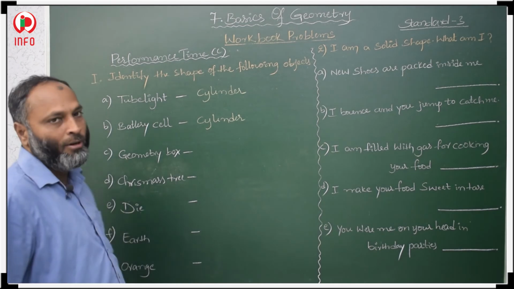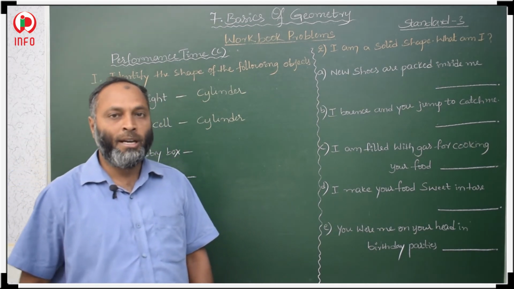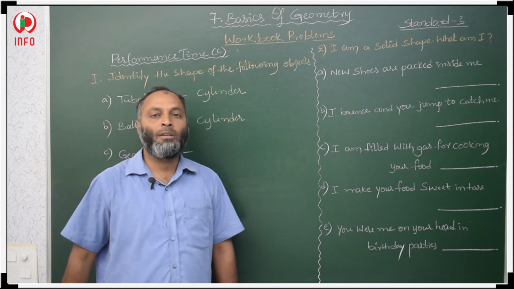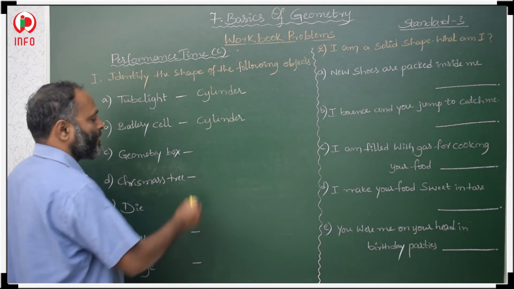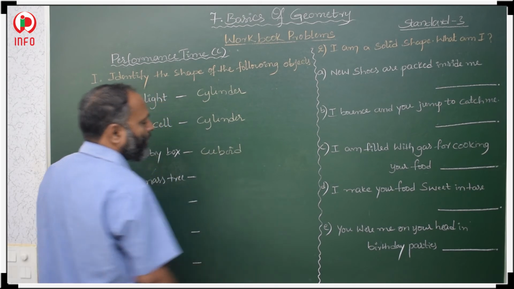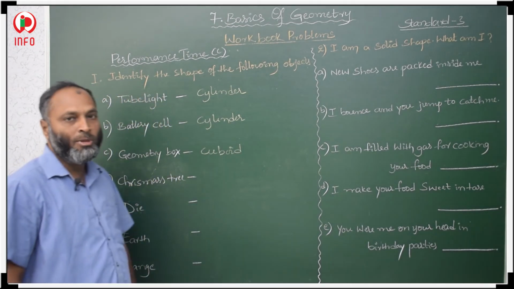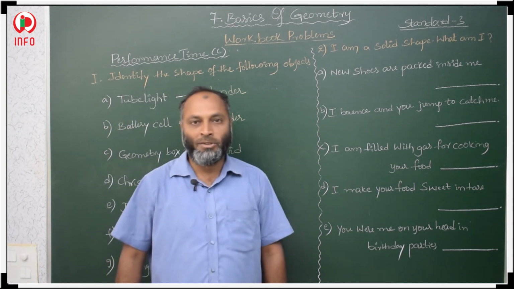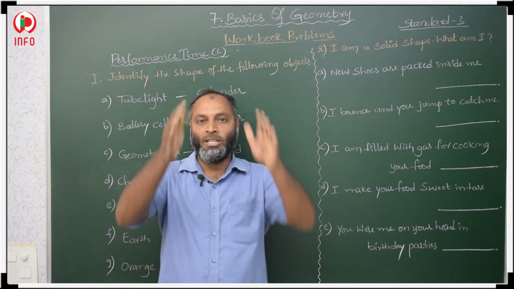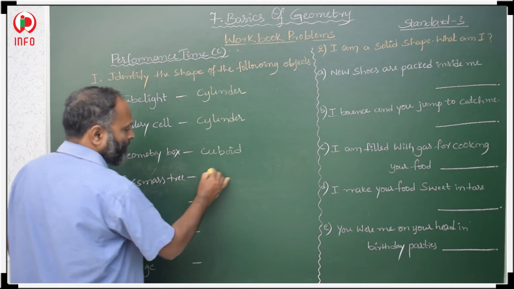Next, geometry box. The geometry box is in rectangular box shape. So it is a cuboid. Cuboidal shape. Next, Christmas tree. All of you know the Christmas tree. It is in conical shape. It is a cone.